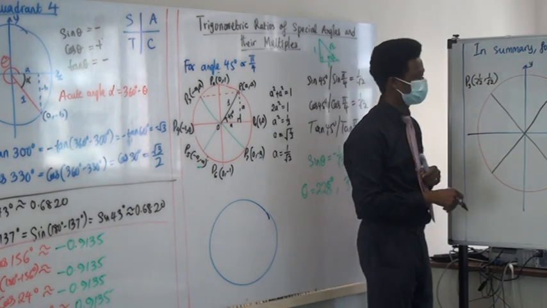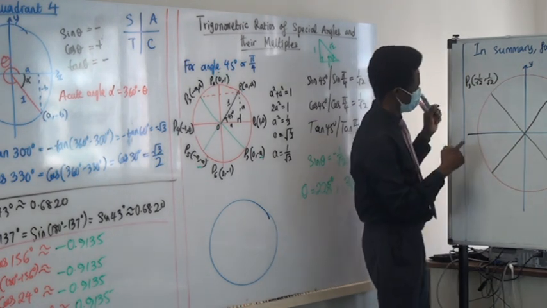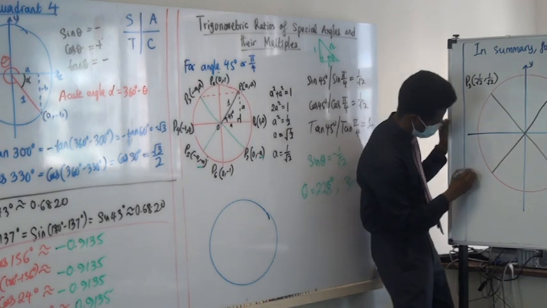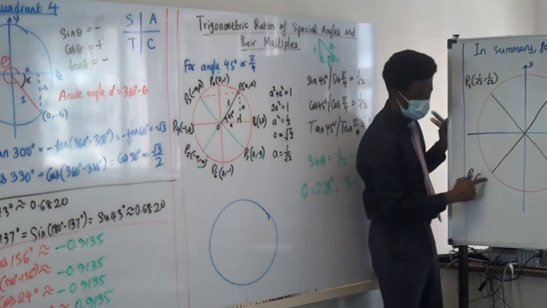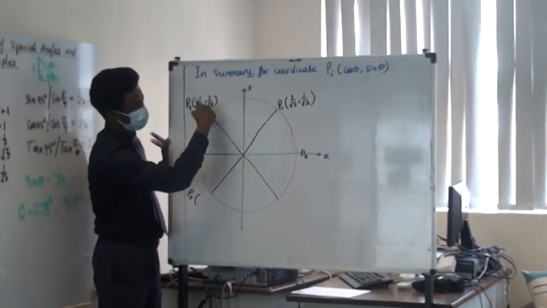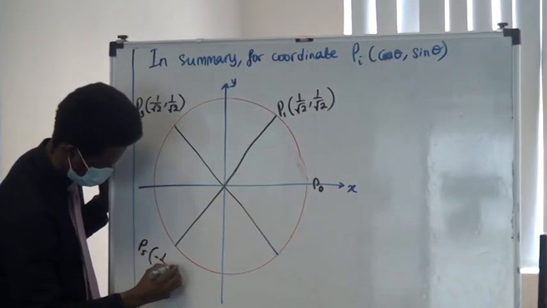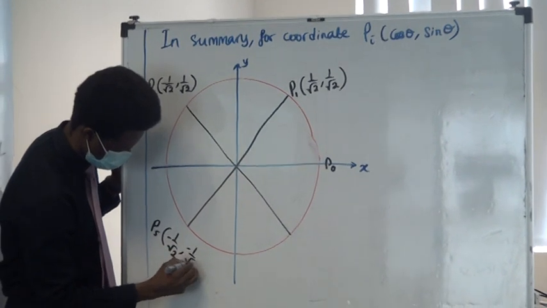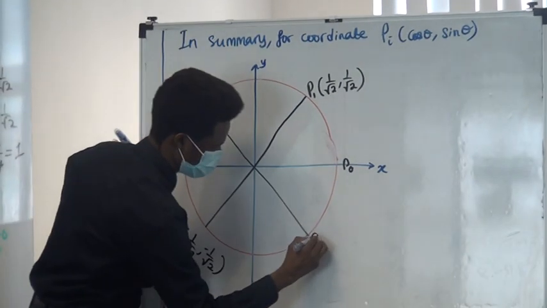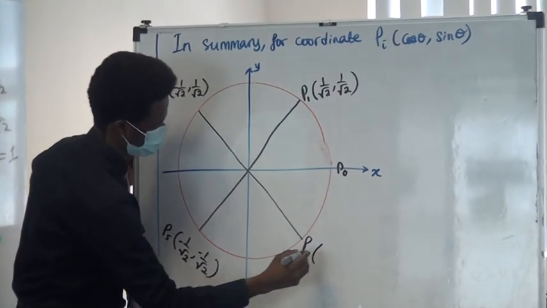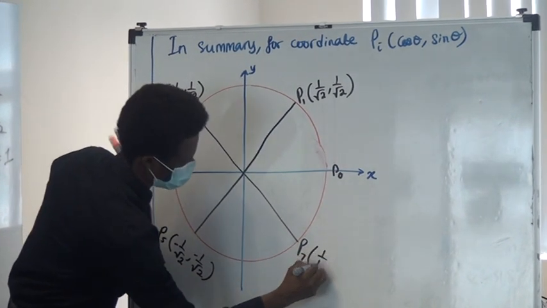Guys, let's complete this together. This is going to be 4, this is going to be 5. What are the coordinates here? Just like this one, negative 1 over root 2. Negative 1 over root 2. And this will be P7. 1 over root 2.